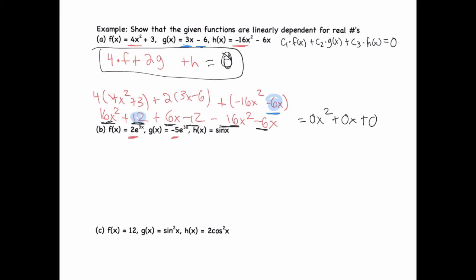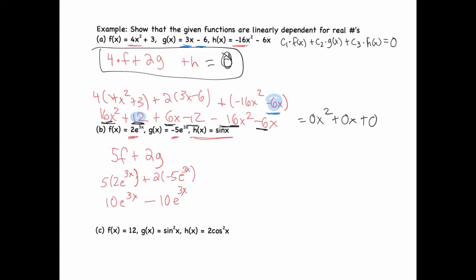Right now, they don't have matching coefficients in front, or opposite coefficients in front, but if I took 5f plus 2g, 5f would end up giving me 5 times 2e to the 3x, which would be 10e to the 3x, and 2g would end up giving me 2 times negative 5e to the 3x, which would give me negative 10e to the 3x, and I'd be done, because they wipe each other out.